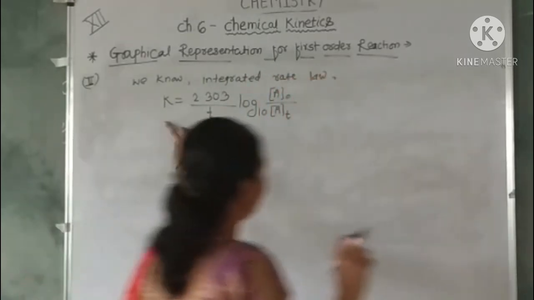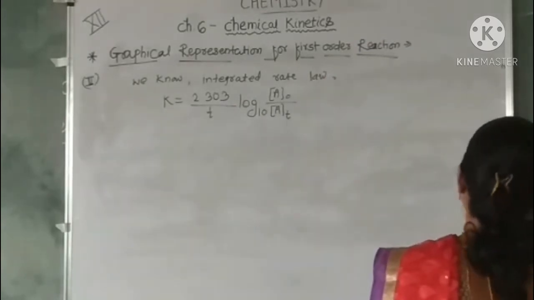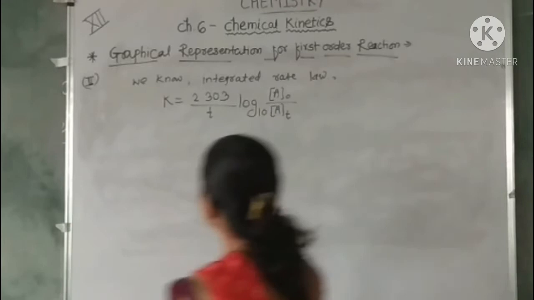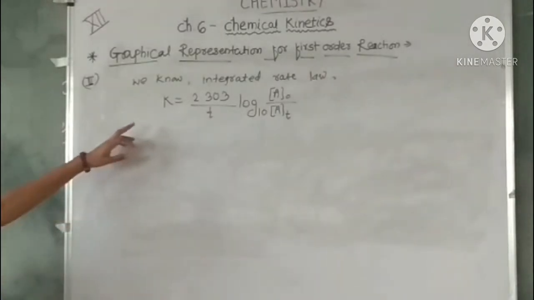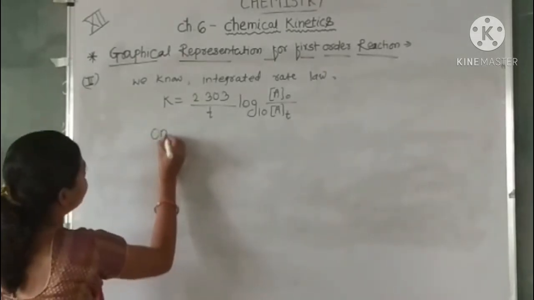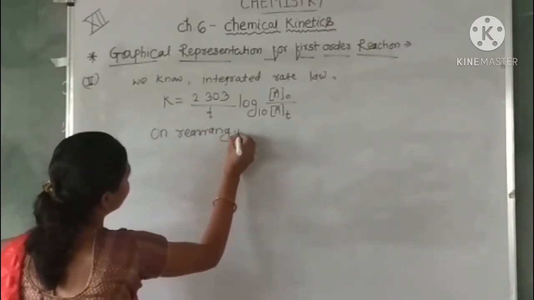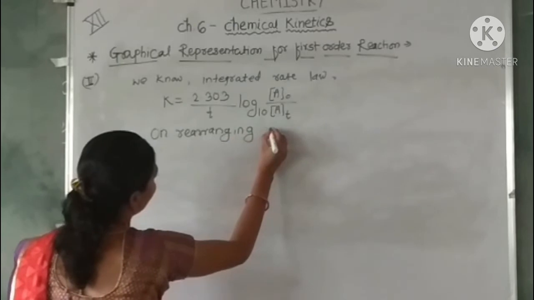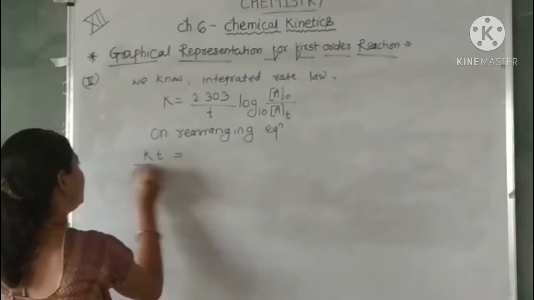Yes, the integrated rate law is k is equal to 2.303 upon t log to the base 10 A0 upon At. On rearranging this equation, we have kt over here.